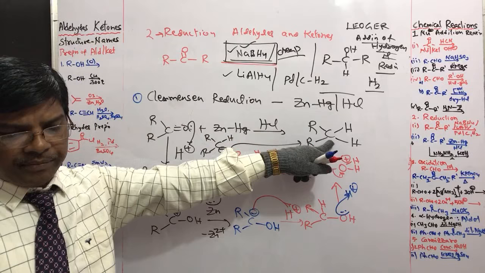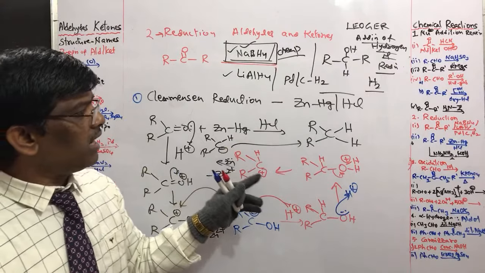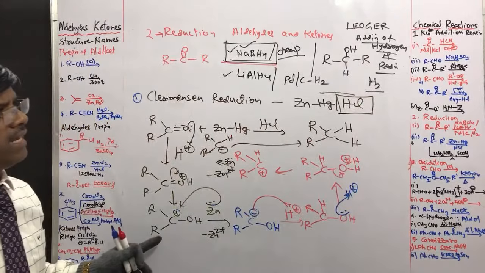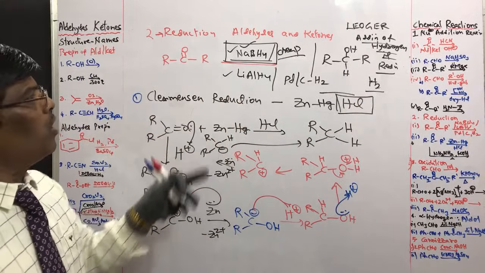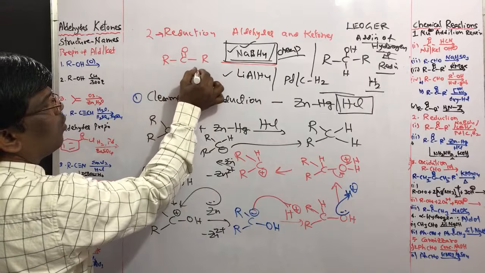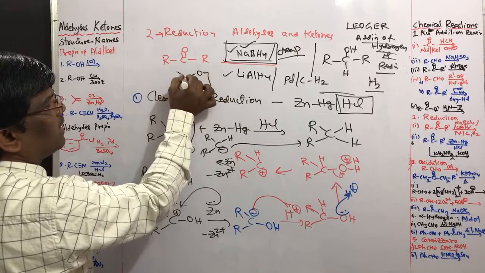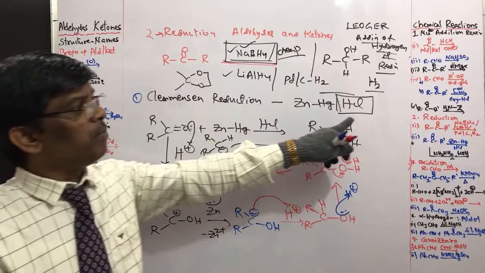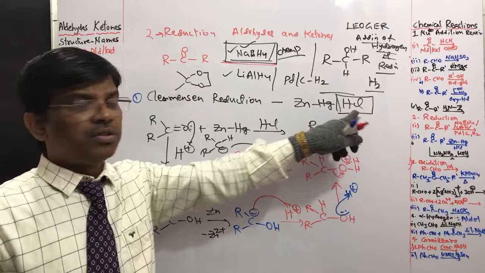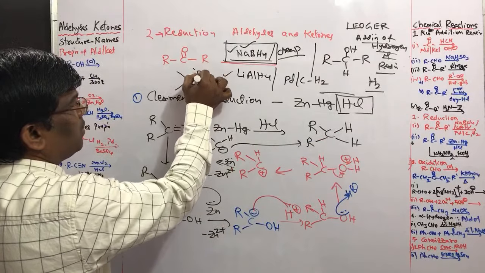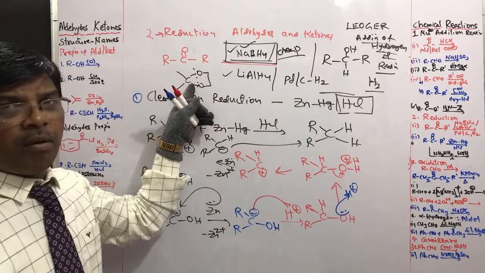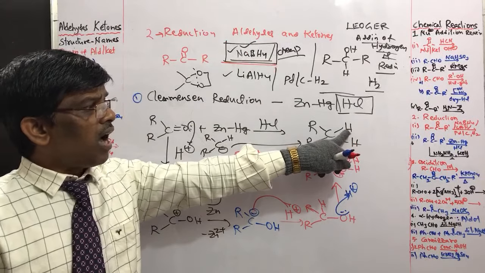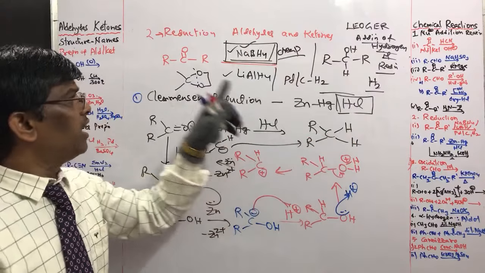The key factor is this: it is an acidic medium. So in acidic medium, if the compound is having a ketal group, just now what I said, the ethylene glycol ketal group, this ketal group is going to be cleaved, and this carbonyl compound is going to be reduced to the hydrocarbon, or 2 hydrogens will be added to this.